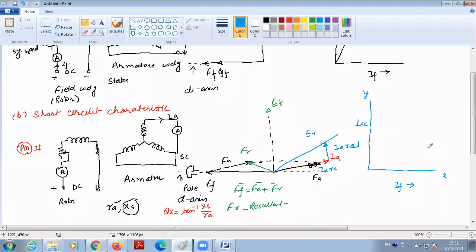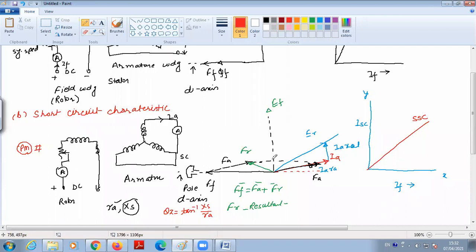So the nature of the curve is a straight line. It will represent the short circuit characteristic, SSC. It is very important to understand what the SSC is. SSC is a straight line. There is no saturation.